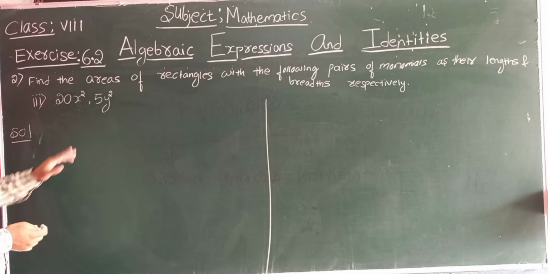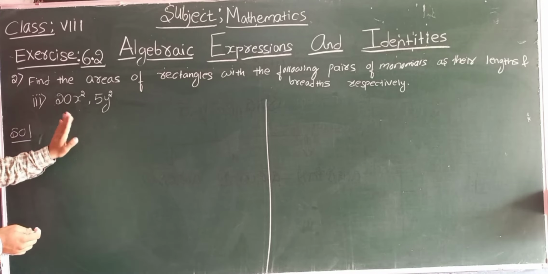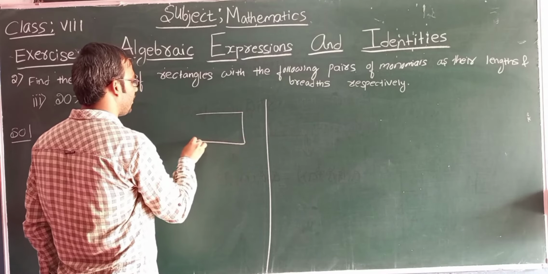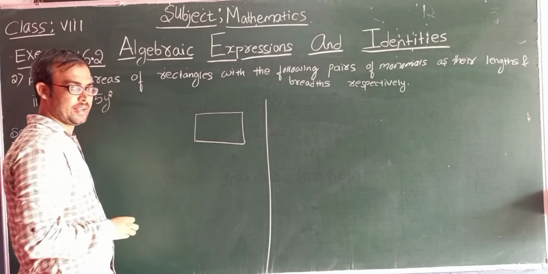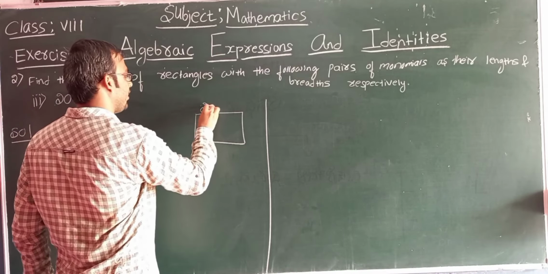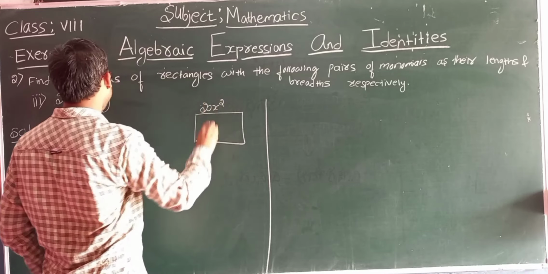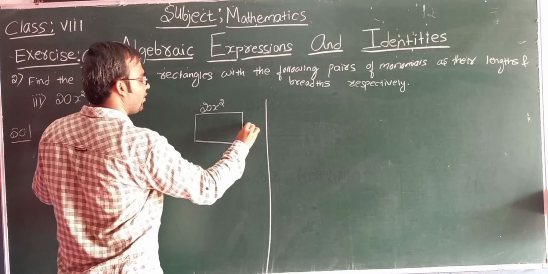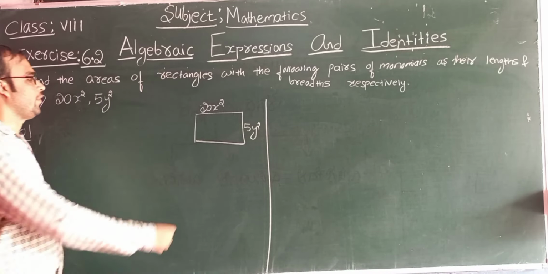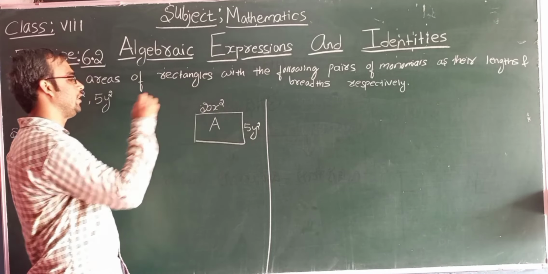Okay, so what they have given: 20x square and 5y square. Okay, so here if this is a rectangle, then the length of this rectangle is 20x square, and the breadth of this is 5y square. Okay, and what we need to find? We need to find the area.